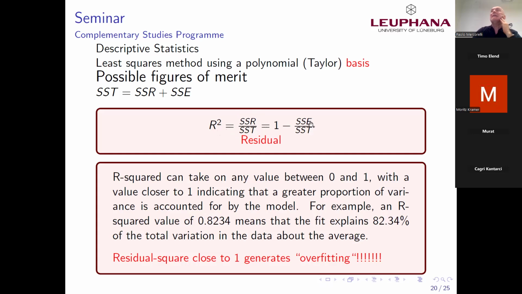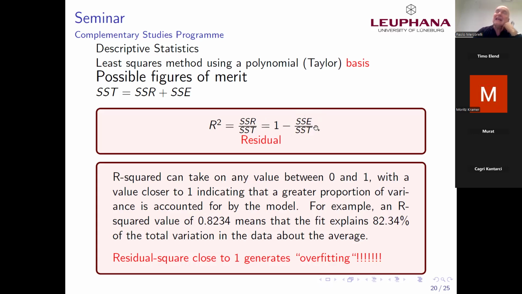But in this sense, minimizing R squared means minimizing SSR because SST is given as a value. But somehow it is to maximize this element here.